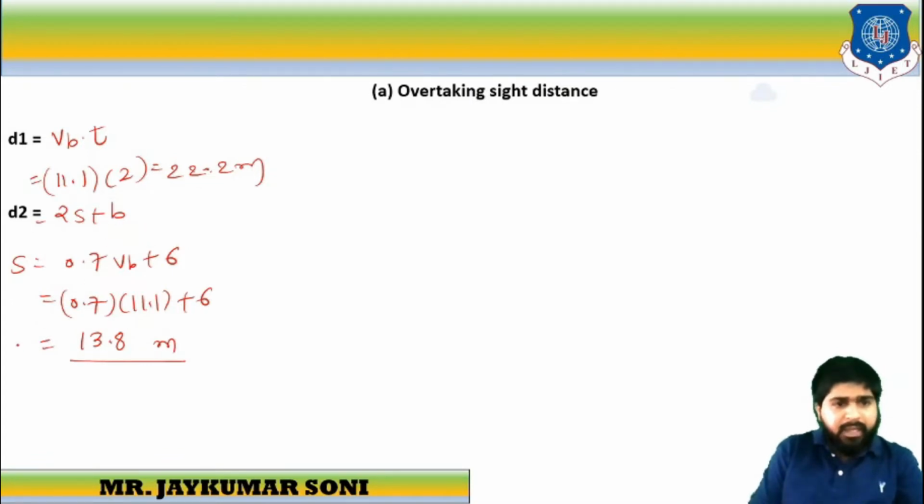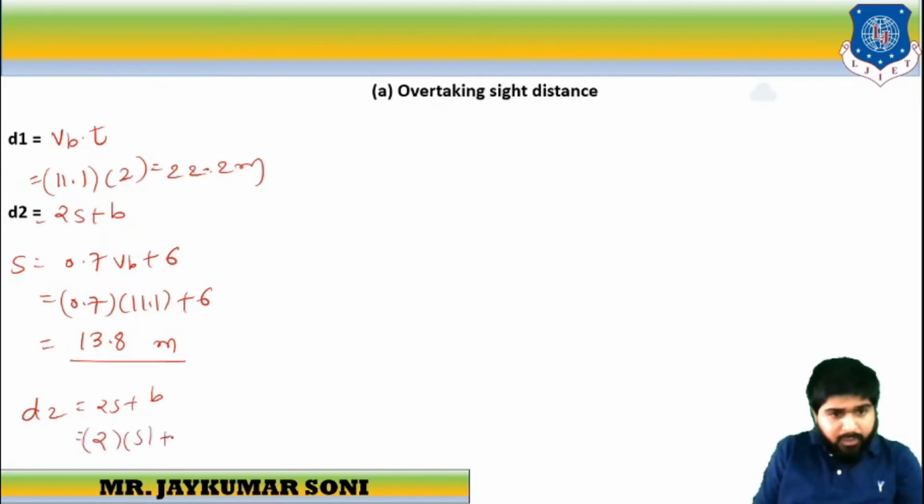Now what is the equation for b? D2 equals 2s plus b. We have the value of 2, we have the value of s, but we do not have the value of b. It is vb into capital T. So now we have to calculate capital T. It is the square root of 4s by a.